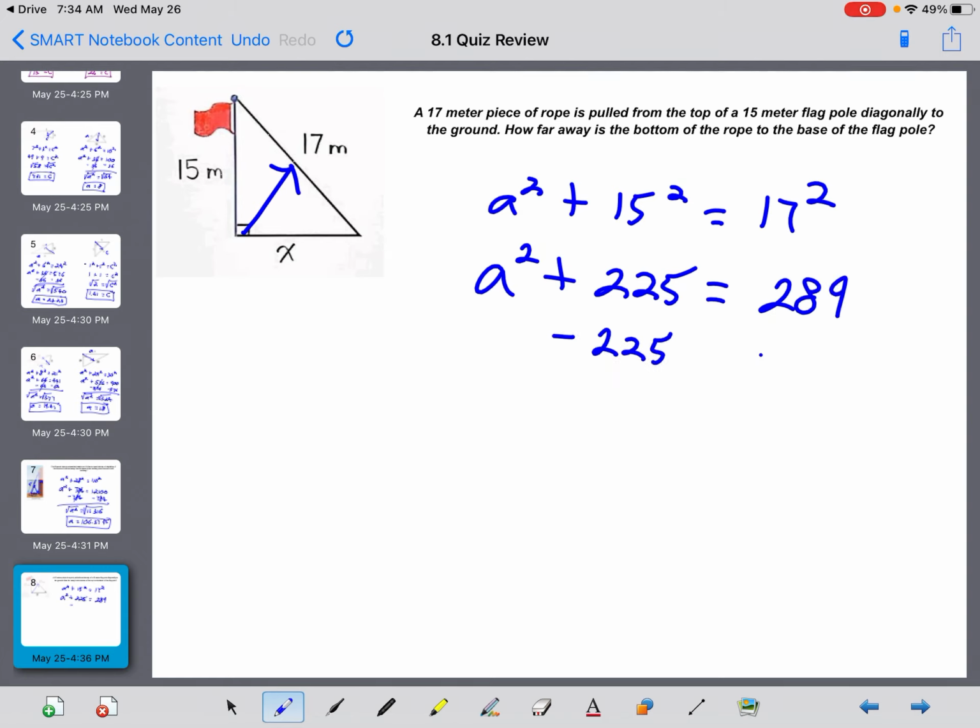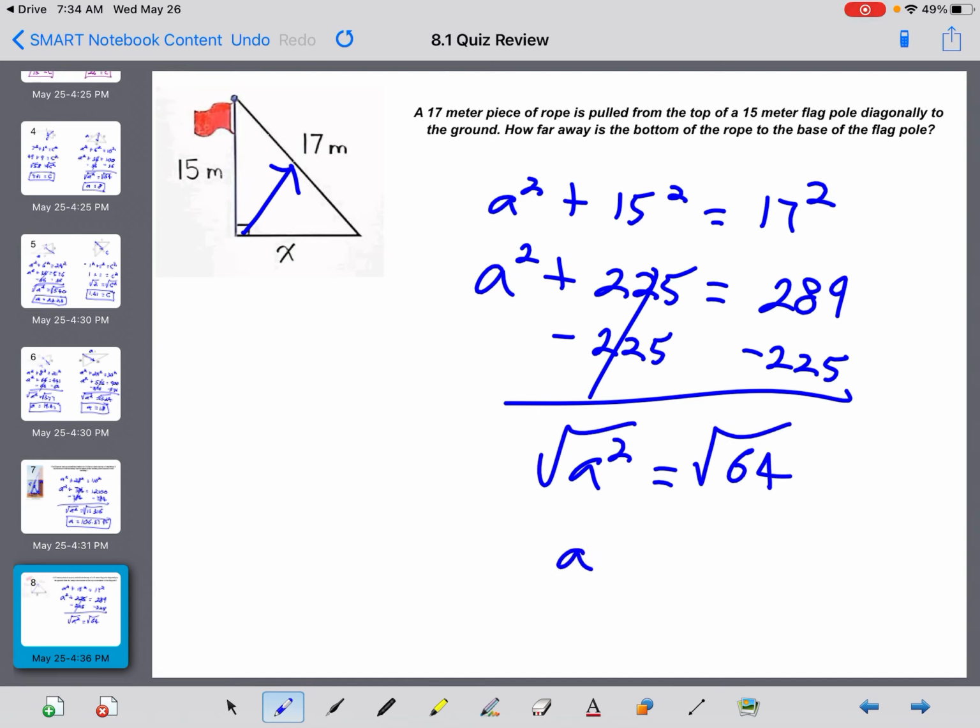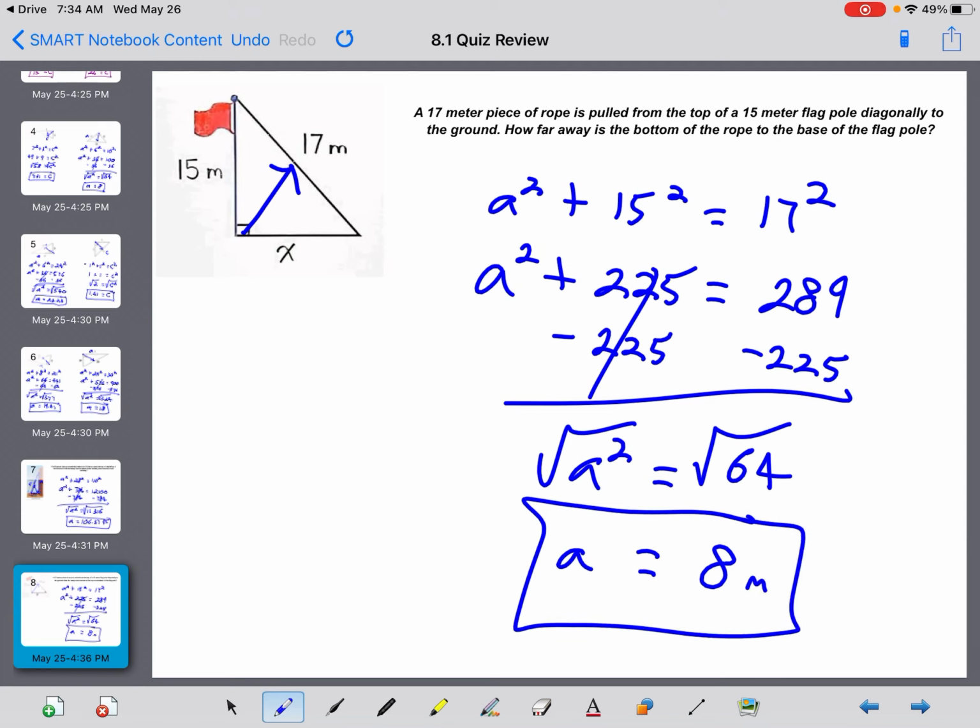Subtract that 225 on both sides. And A squared equals 289 minus 225, which is 64. Take the square root of both sides, and A is equal to 8. And this is 8 meters.